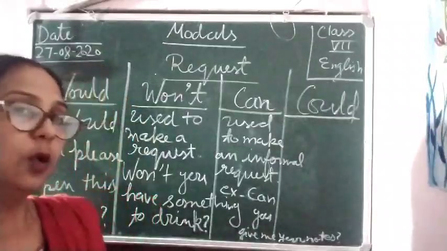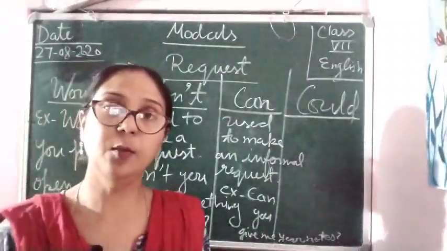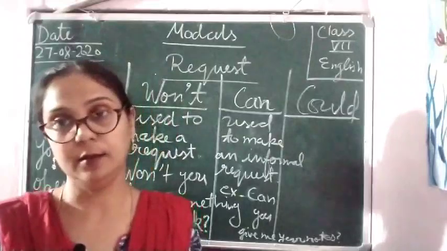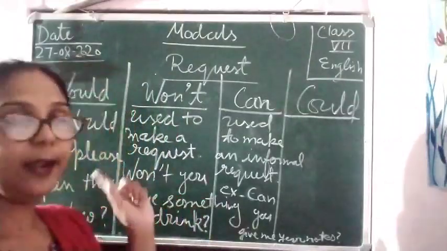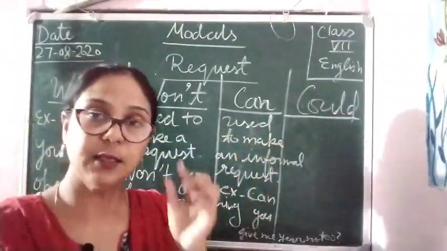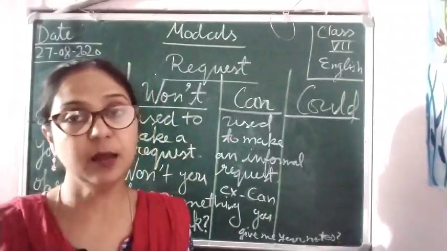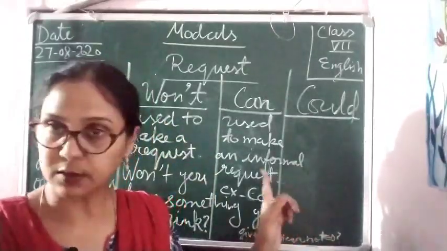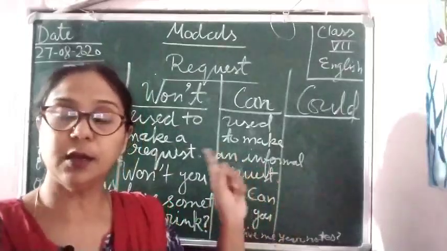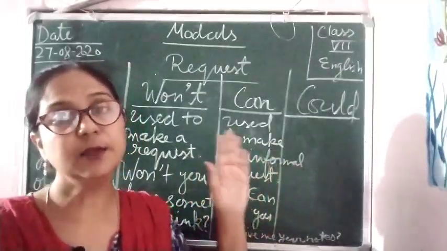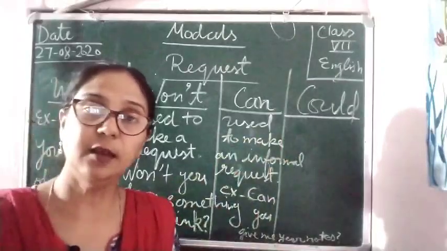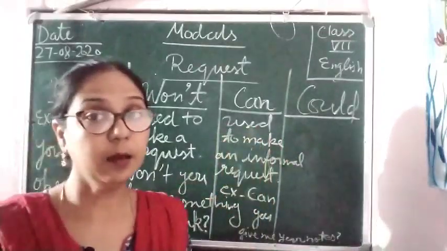Now could is more humble or more polite than can. So would and could are always used when in a very humble, polite way you are requesting someone. And could, as you all know, is the past form of can, and it is more humble than can.